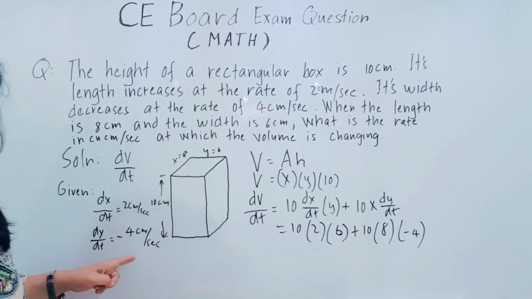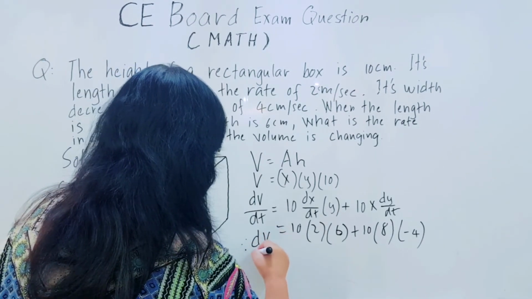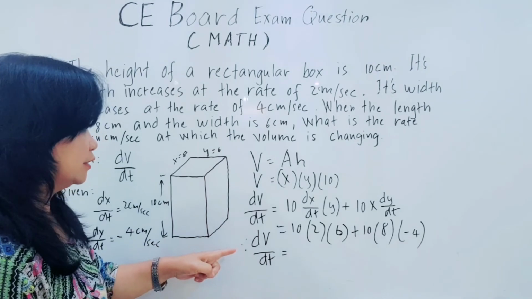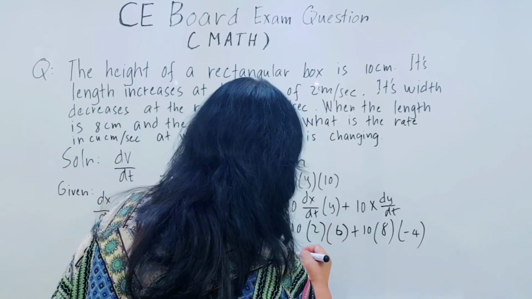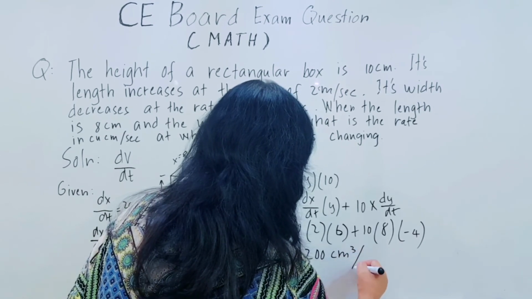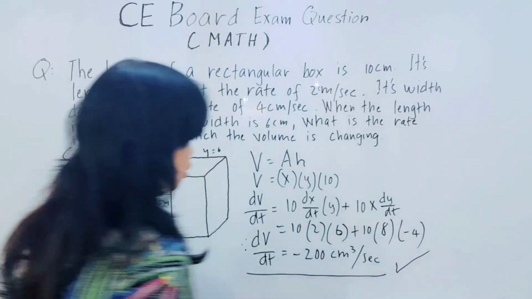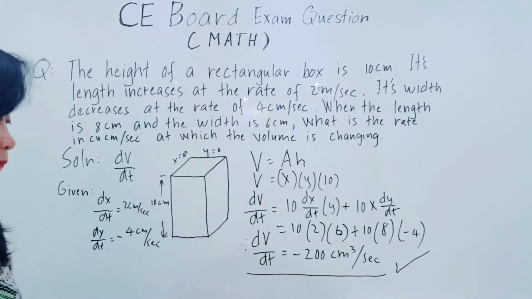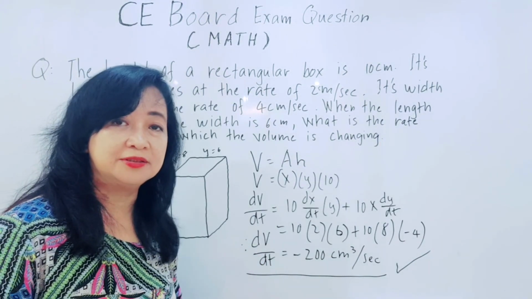Therefore, dV dt, the rate of change of the volume with respect to time, simplifying this, is negative 200 cubic centimeter per second.